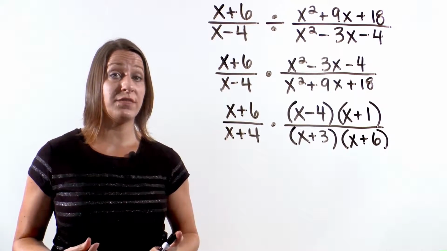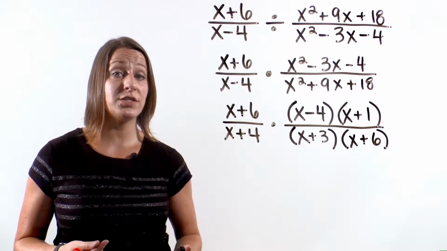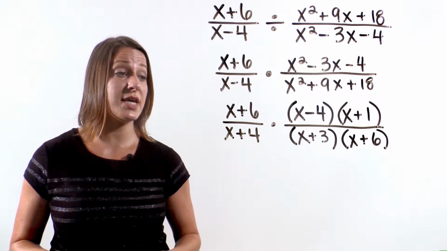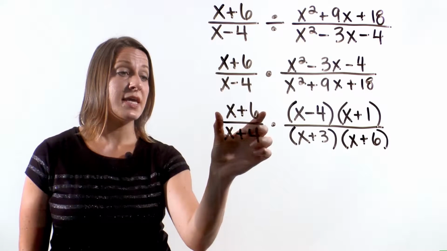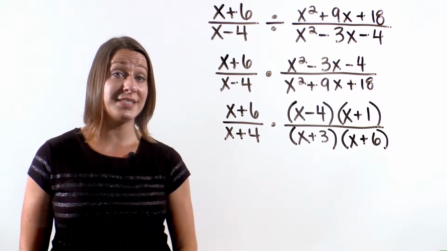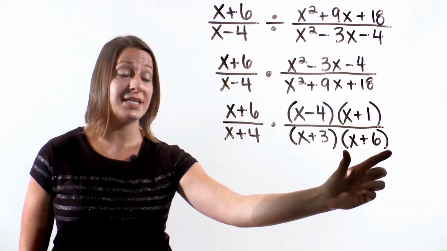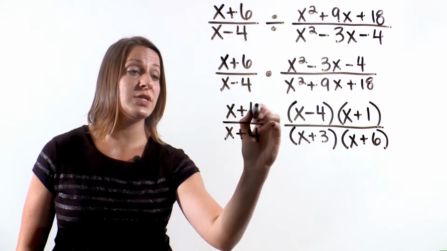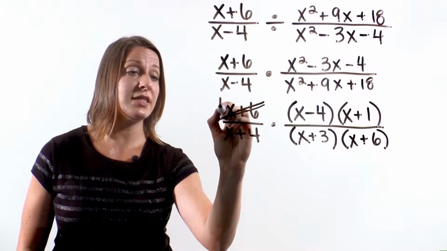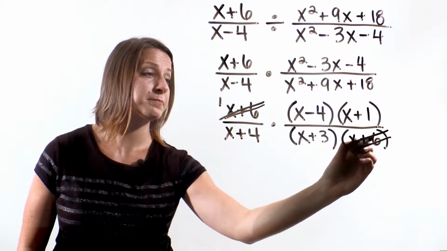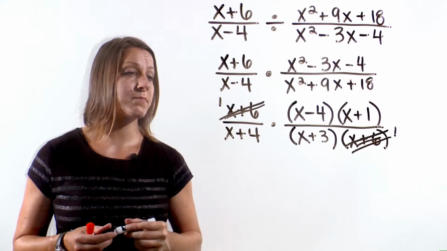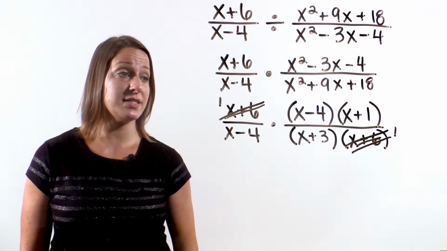Now that we've factored everything into binomials, we're ready to look to see if there's anything we can cancel. In this numerator, we have an x plus 6. We have a matching x plus 6 in a denominator. So we can cancel these two and leave behind a 1. Let's see what we can cancel next.